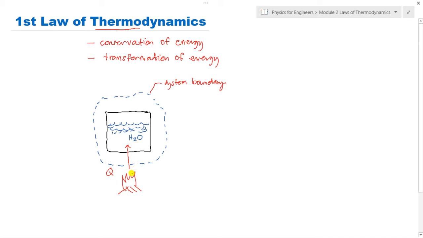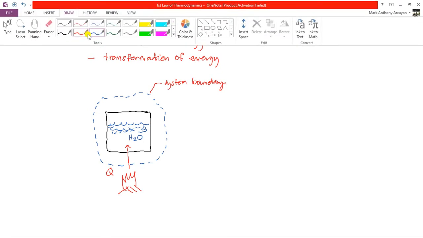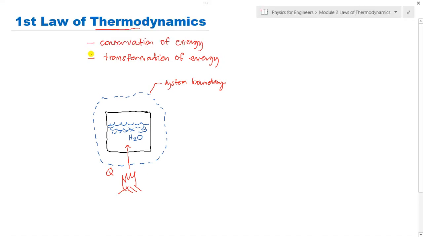As the water gets heated up, of course, the three basic parameters will vary. We have P, the pressure, V, the volume, and the temperature.